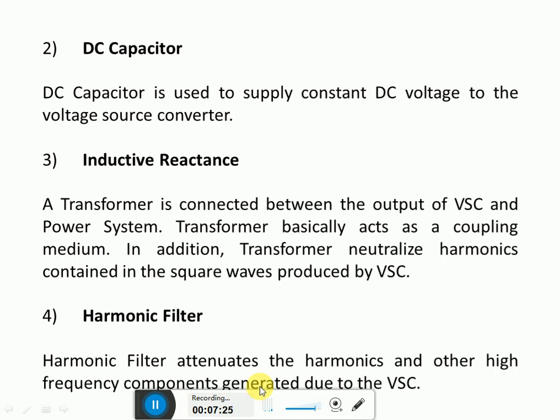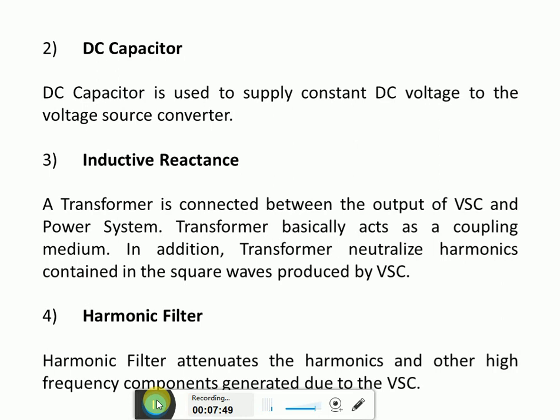So that high frequency is attenuated with the help of the harmonic filter, and we can feed pure AC voltage into the power system. So these are the components of a STATCOM device.